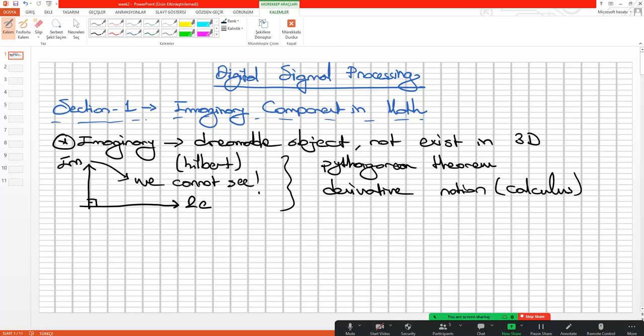So we can create the real axis in here, and it has the 3D dimension, but we also have an imaginary axis in here. And then we can interact these two things because we have the right angle in here.